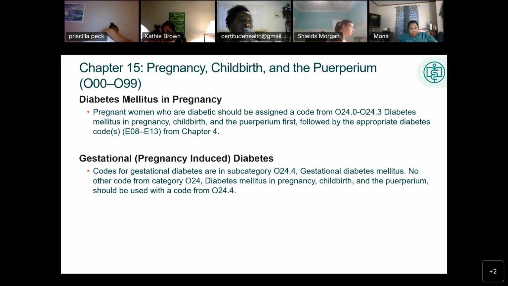But this one is telling you to code the O code for the complication, secondly, the E code to represent the type of diabetes, and thirdly, you would still need to report the weeks of gestation Z code. That is guideline G on page G21.